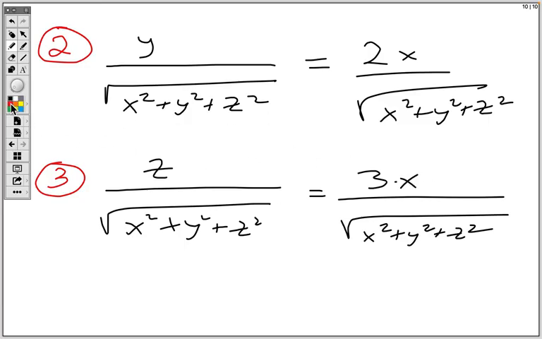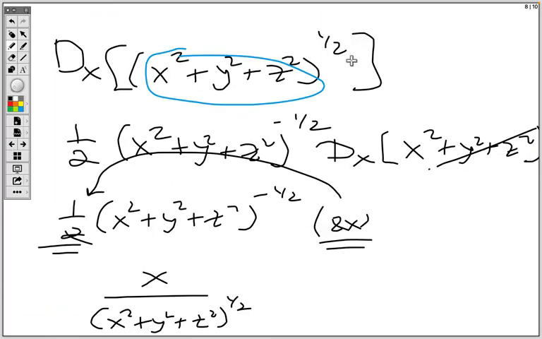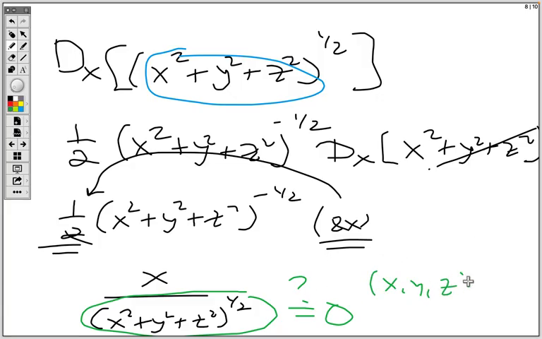So before we go too far along here, we should ask ourselves the question, we've produced a denominator here. Can this denominator ever equal 0? Yeah, exactly, this would equal 0 if x, y, and z are all 0. So we have to say, well, can that happen in this situation?